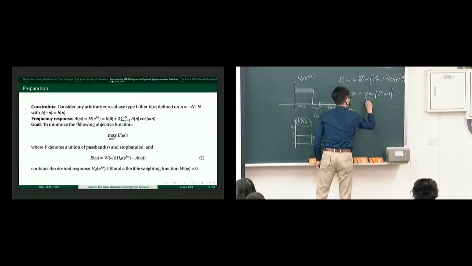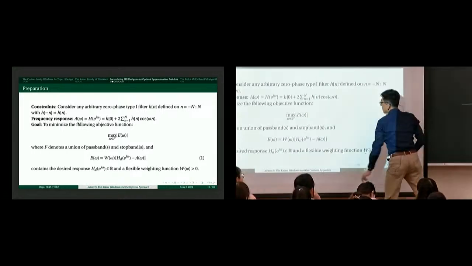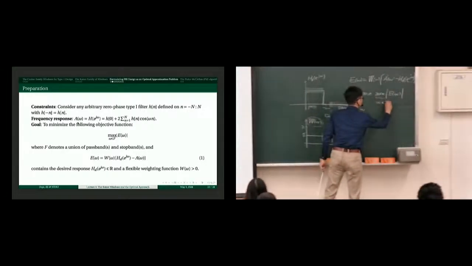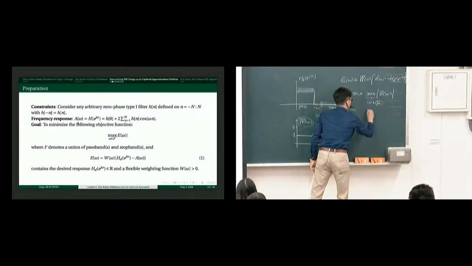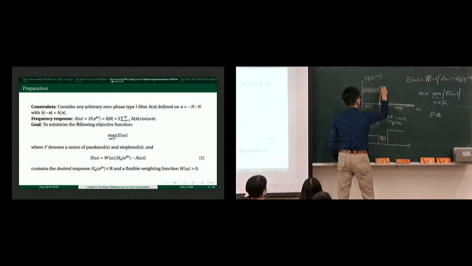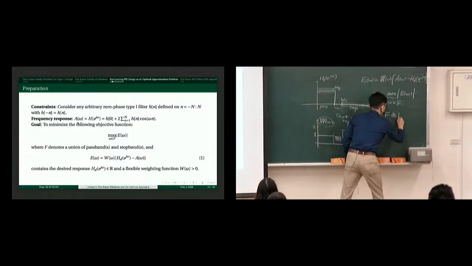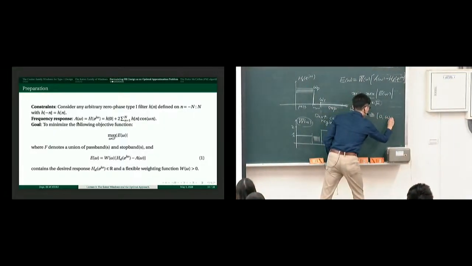In what range? In omega belonging to a collection of intervals, where F is defined as the collection of intervals. If the cutoff frequency is omega p and the beginning of the stop band is omega s, then F equals 0 to omega p, union with omega s to pi.